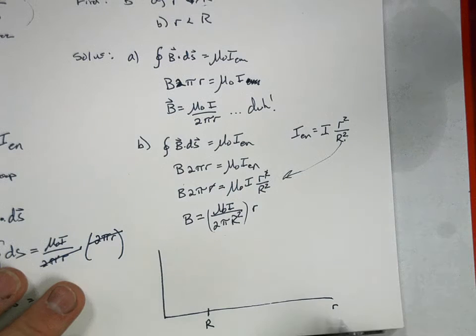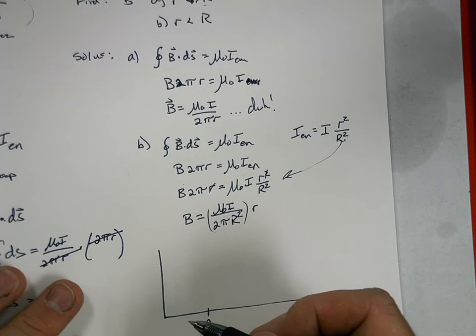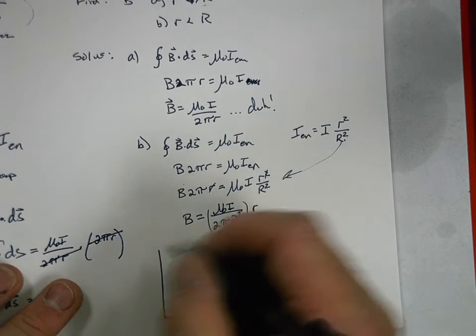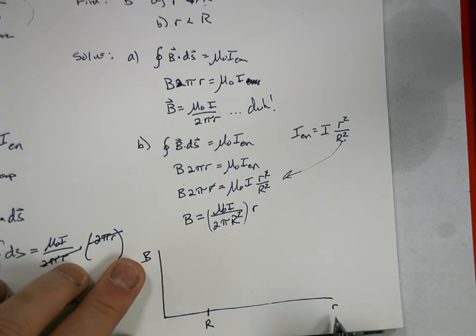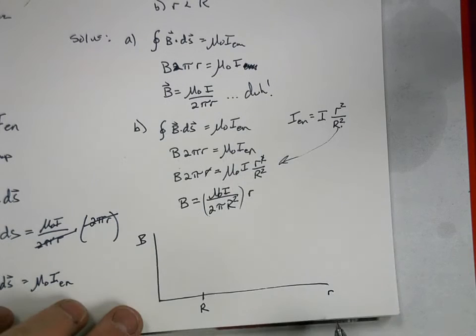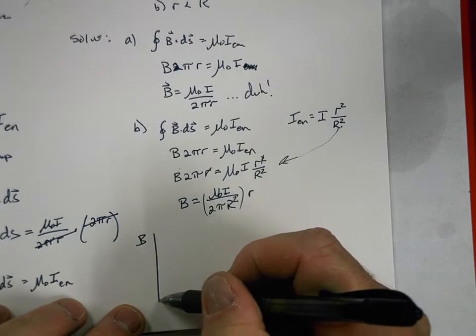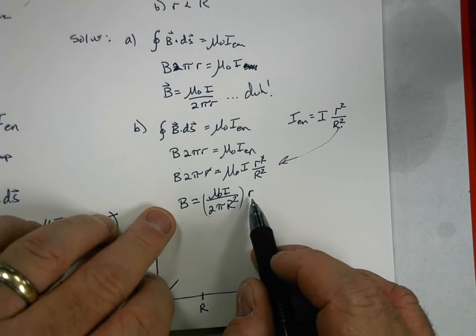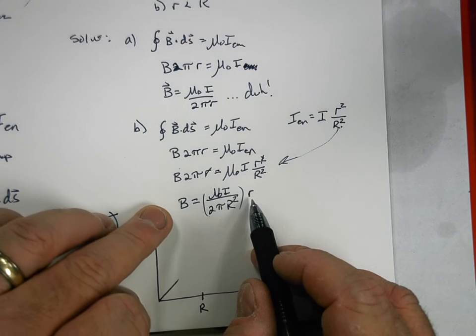We're going to graph magnetic field versus radius in this situation, because it varies with r as long as we're inside the conductor.